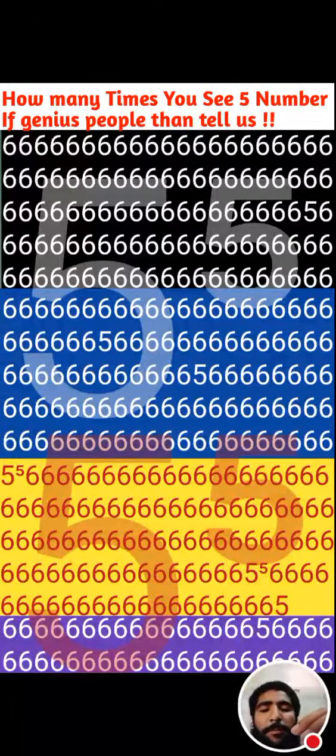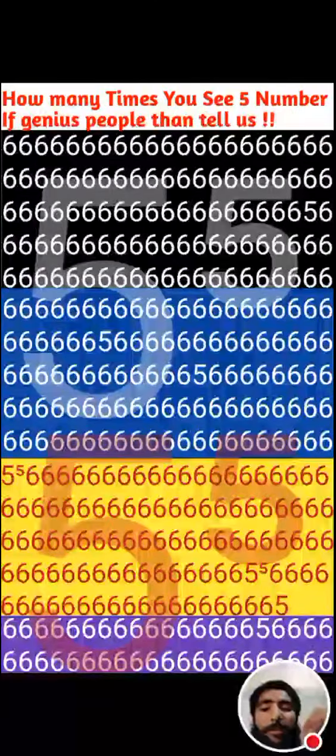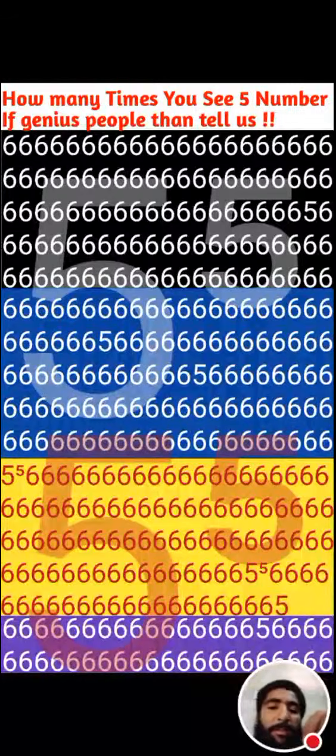But when you found it 9 times, it means you didn't check it properly. You made haste in finding it. So when you found it 14 times, it means that you have checked it from all of its angles.